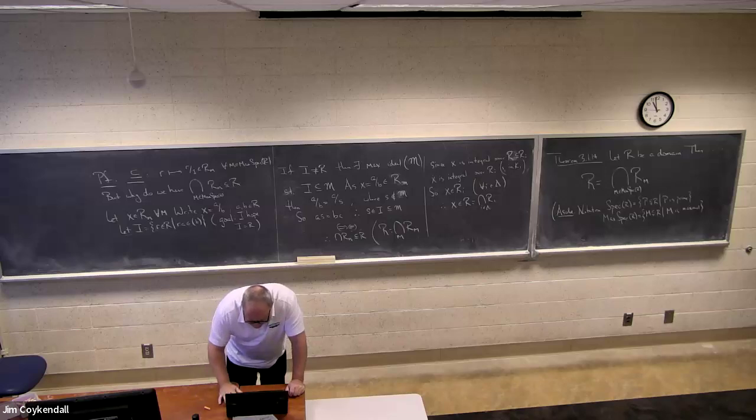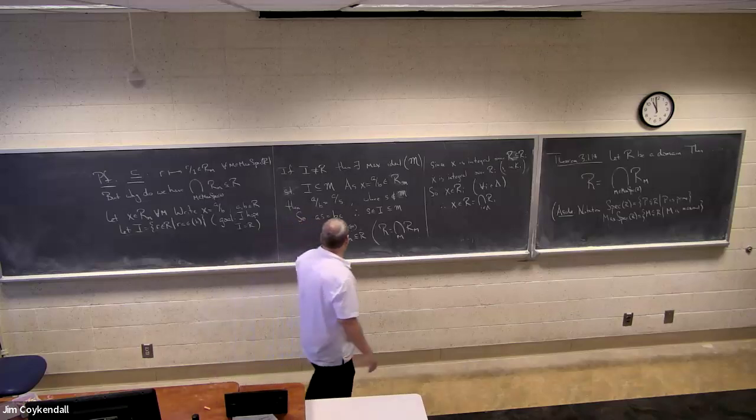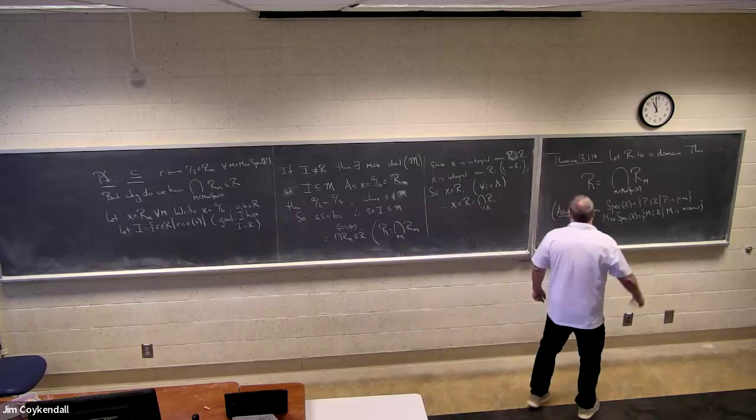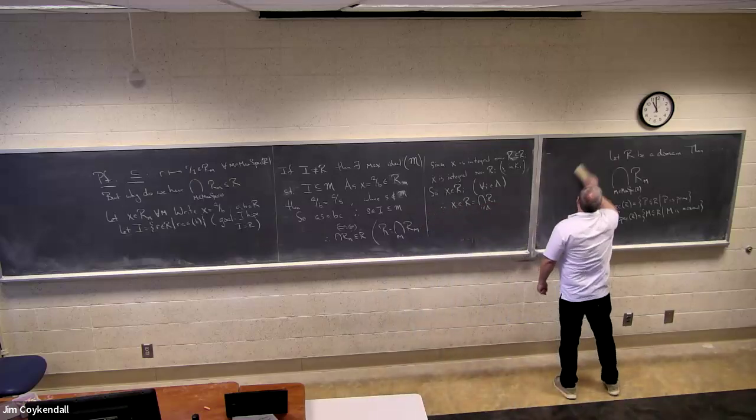Let me give you another, so you guys maybe want to think about this. Yeah, because this would be a good place to start. Or maybe I can get you started on it. Localization is very compatible with integrality in the following sense.